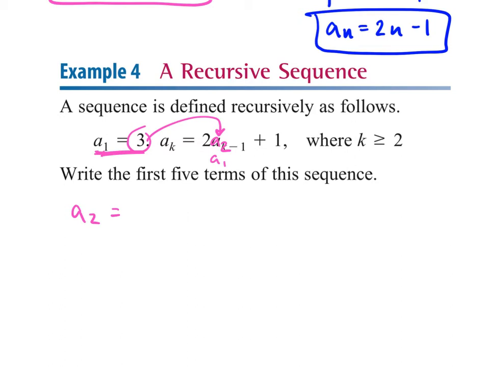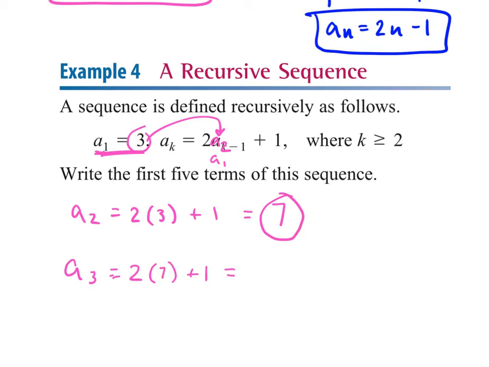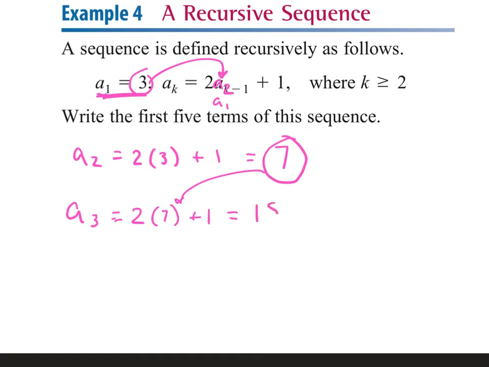So to find a sub 2, we would have 2 times 3 plus 1. So what's 2 times 3 plus 1? 7. Now to find a sub 3, we use the term we just got, so 2 times 7 plus 1. So it's 15.